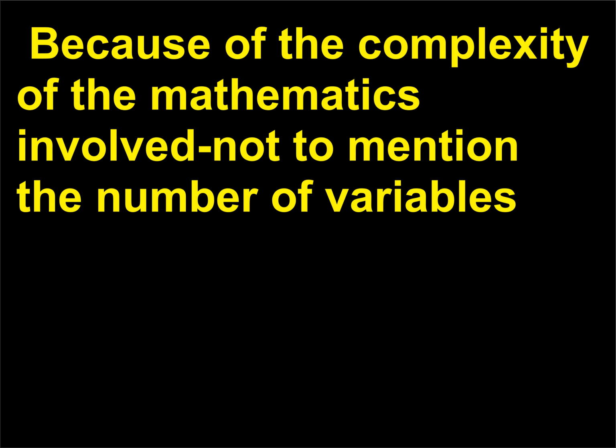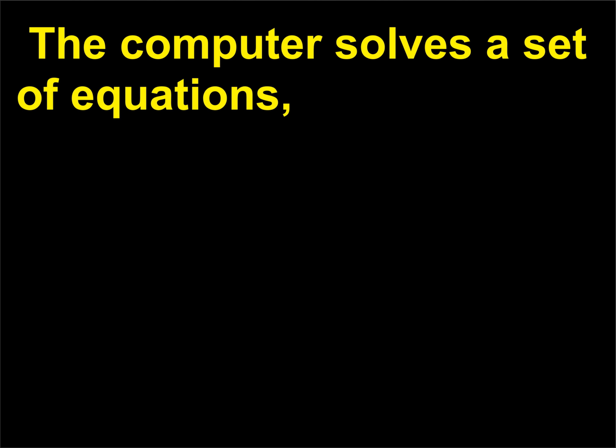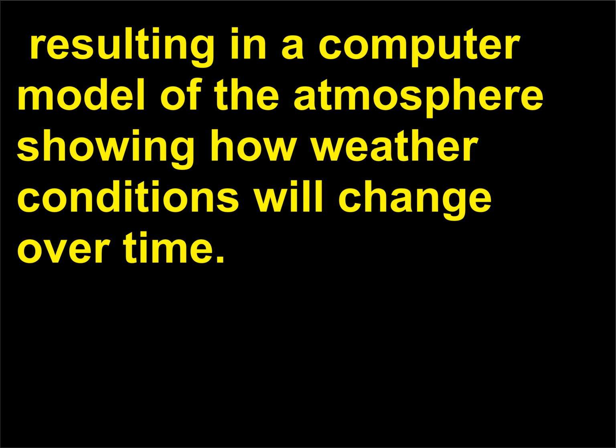Because of the complexity of the mathematics involved, not to mention the number of variables needed to predict the weather, all numerical model studies are run on high-speed computers. The computer solves a set of equations, resulting in a computer model of the atmosphere showing how weather conditions will change over time.